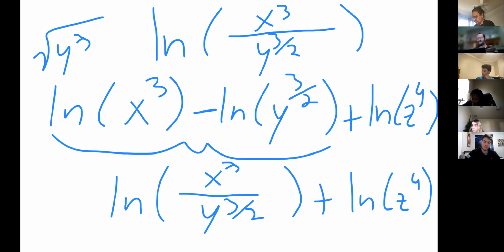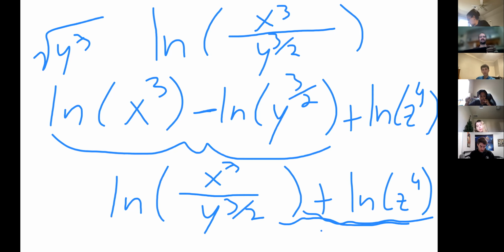What about this ln of z to the fourth? How do I combine this? Where's that z to the fourth going? It'd be subtracted. It's being added. So what does addition become when I put it inside the log? Multiplying.